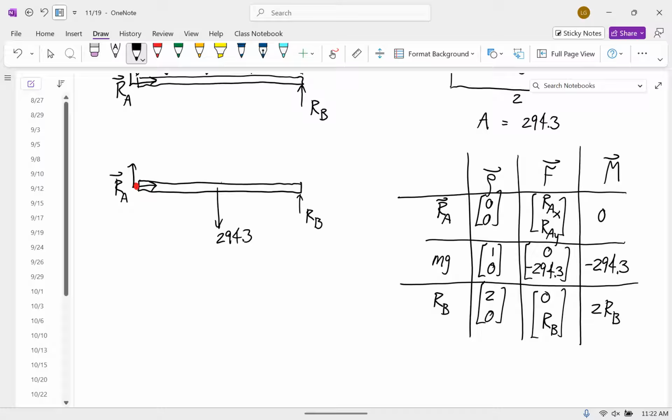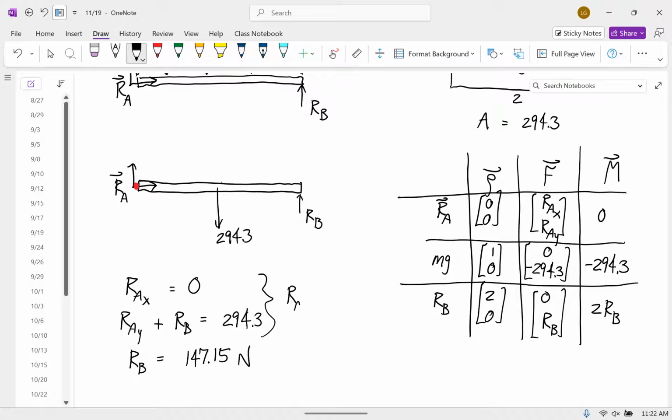So we get RAX is equal to 0. RAY plus RB is equal to 294.3. RB is equal to 147.15. And so RA is equal to 0, 147.15. Okay, that doesn't shock anybody.